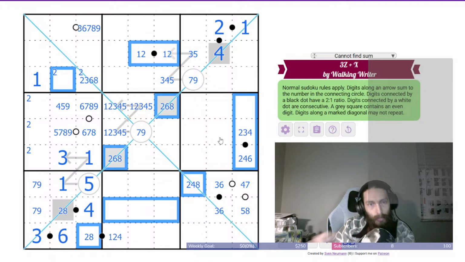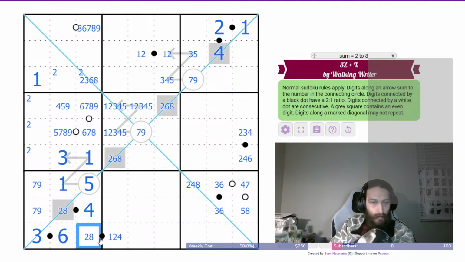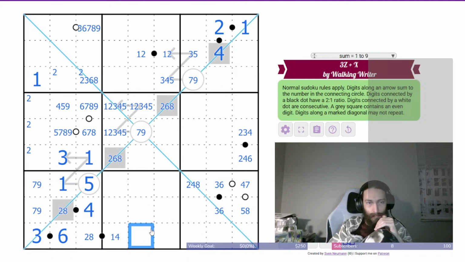Which doesn't look like it breaks anything. This cannot be a 2 because 2 doesn't connect to itself or 8.